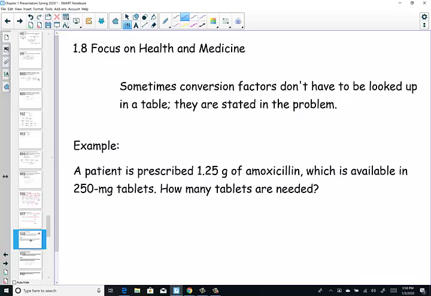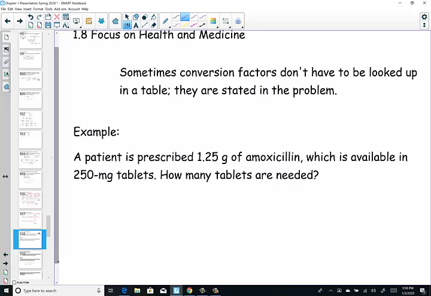So, example in focus at health, what we're looking at is just a couple more opportunities to bring in some healthcare related conversions. If you're prescribed 1.25 grams of amoxicillin, which is available in 250 milligram tablets, how many tablets are needed? This is a very common conversion in a healthcare profession.